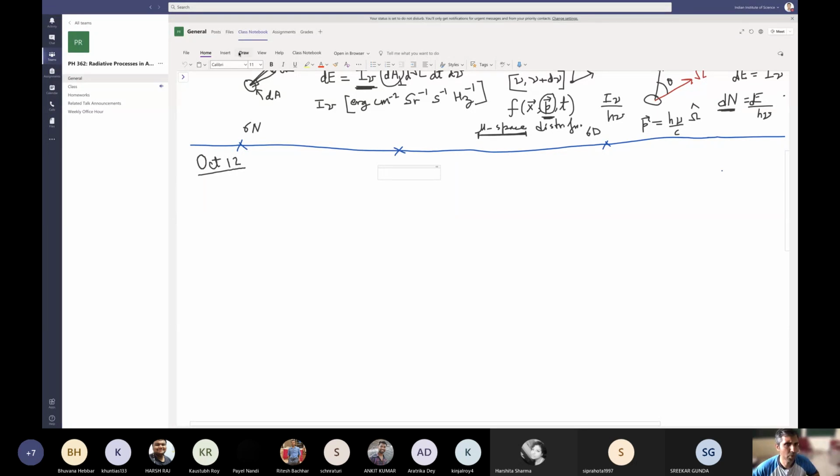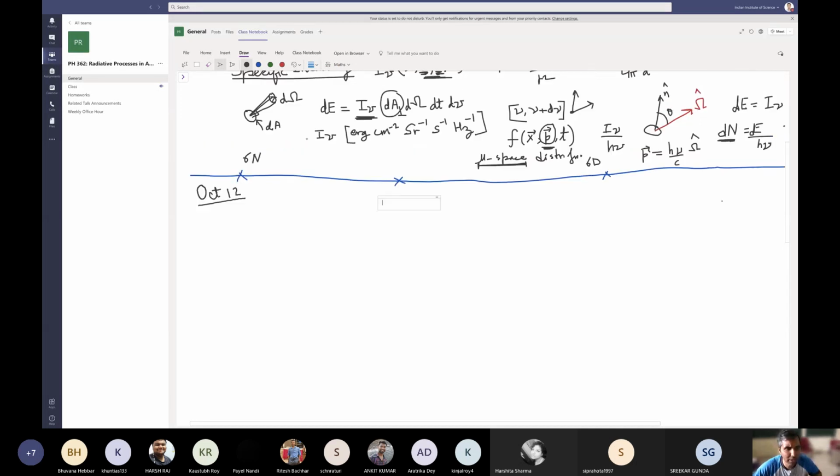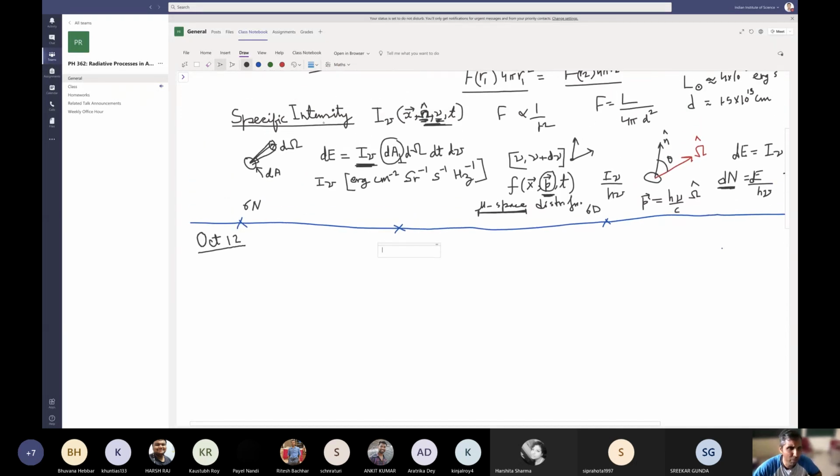Okay, so now I actually mentioned to you about this very important quantity, specific intensity, which is a function of space, direction, frequency, and time in general. So this is sort of like a 6-dimensional phase space distribution function.